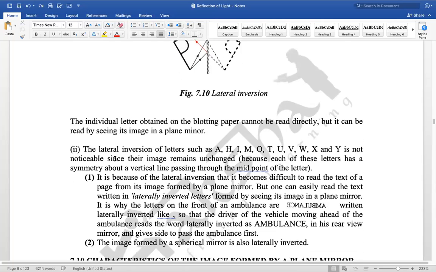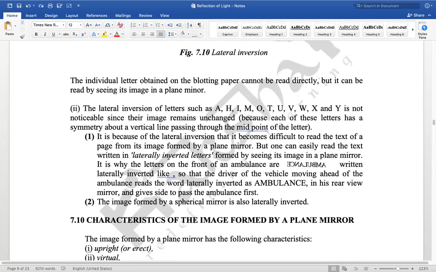The lateral inversion of letters such as A, H, I, M, O, T, U, V, W, X, and Y is not noticeable since their image remains unchanged because each of these letters has a symmetry about a vertical line passing through the midpoint of the letter.